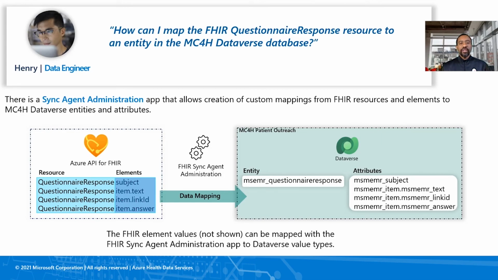We fully support the data mapping exercise. And as a matter of fact, the vast majority of time that's spent on FHIR to Microsoft Cloud for Health work is spent in doing that data mapping.